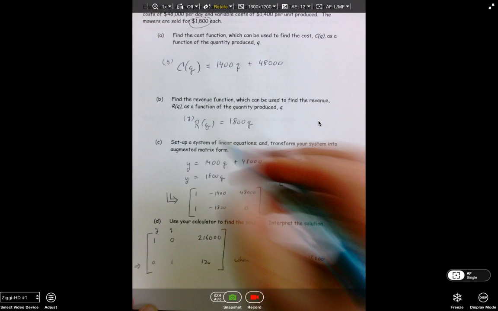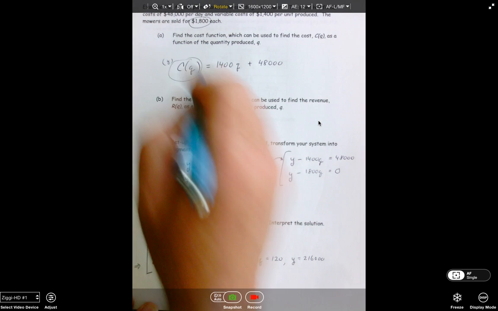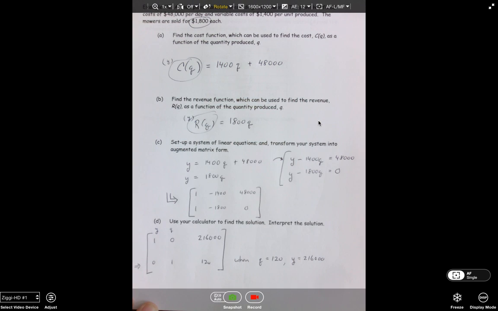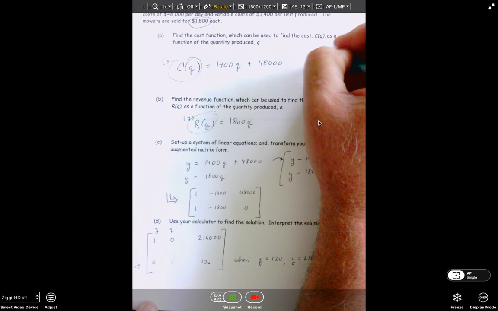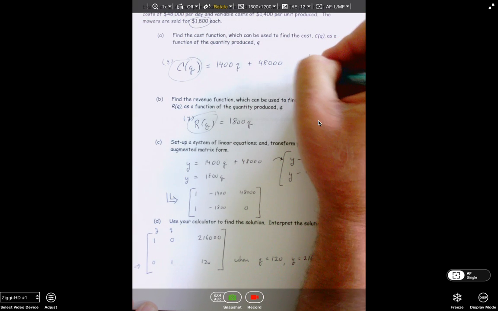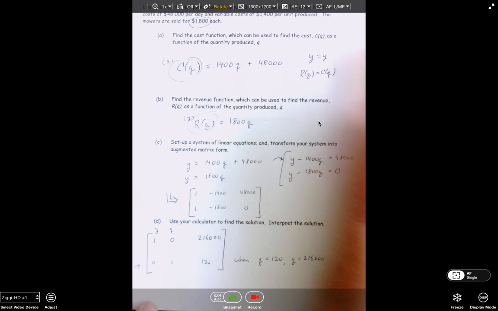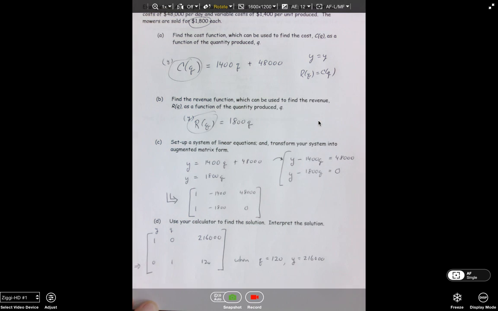But what did I do with this y? I made my cost and my revenue both y's. So if I have y equals y and I have my revenue equals my cost, which are what made equal to my y's, what does this tell me? Well, this tells me when my R of Q and C of Q are the same value.